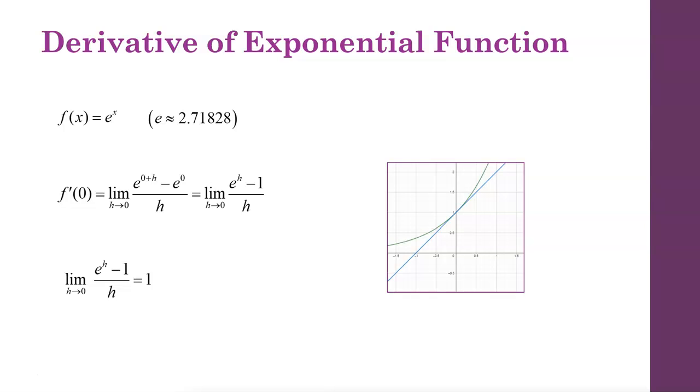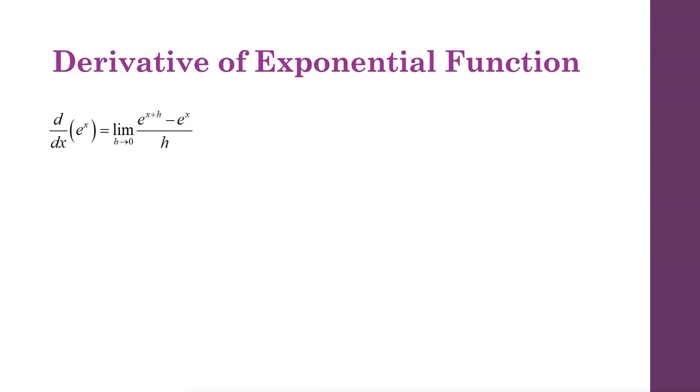So now we're ready to take the derivative of e to the x. Applying the difference quotient from scratch with no value for x, we have e to the x plus h minus e to the x over h. We'll notice here I have something where the powers are added.